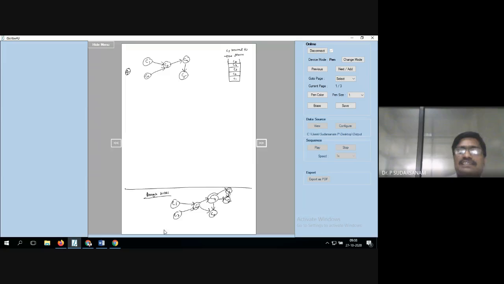Suppose you are having it like this: up to C4 the same thing, C5 also deleted. Now what will happen? C5 you have moved to the stack, move to C4, then whatever nodes are there, C6, C7, you have to try.